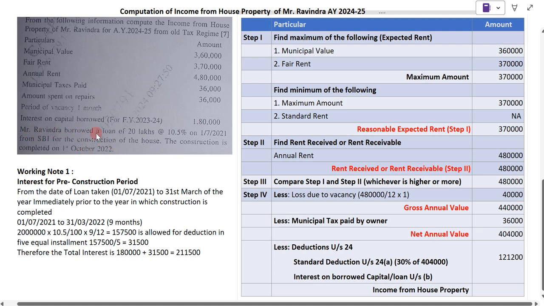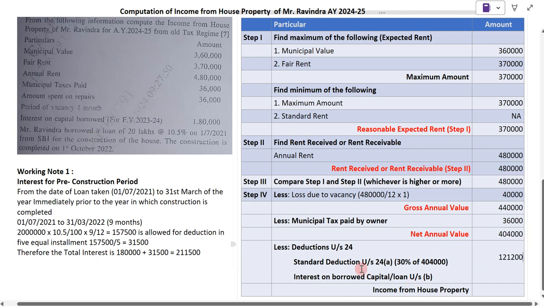Mr. Ravindra borrowed a loan of 20 lakhs at 10.5% on 1st July 2021 from SBI Bank for the construction of the house. Why has he borrowed the loan? For the construction of the house. The rate of interest is how much? 10.5%. The construction is completed on 1st October 2022.